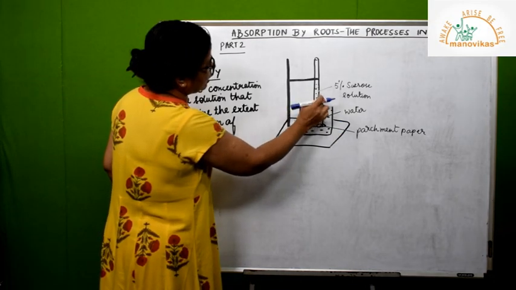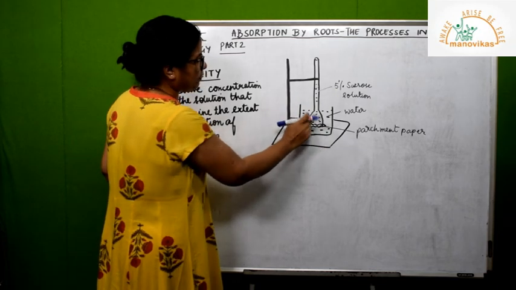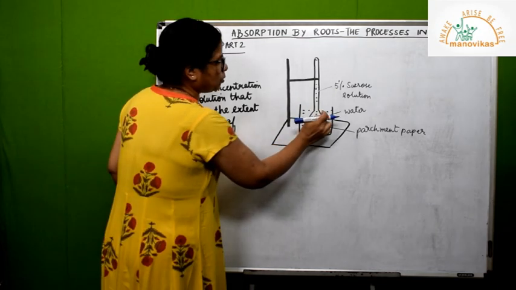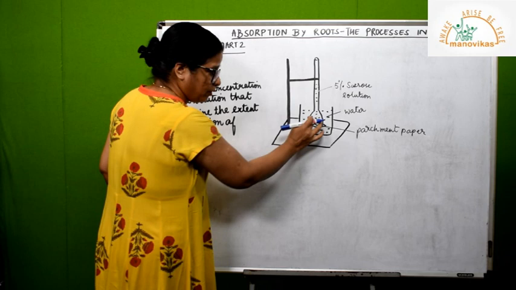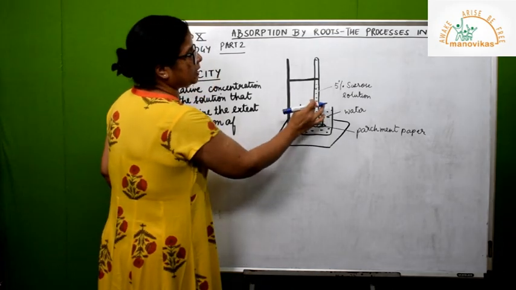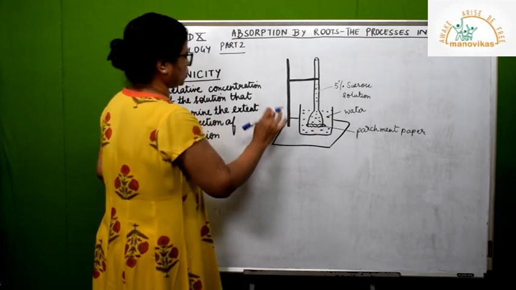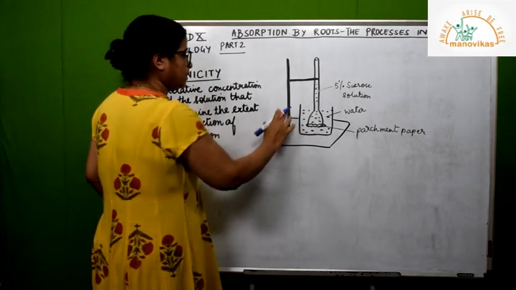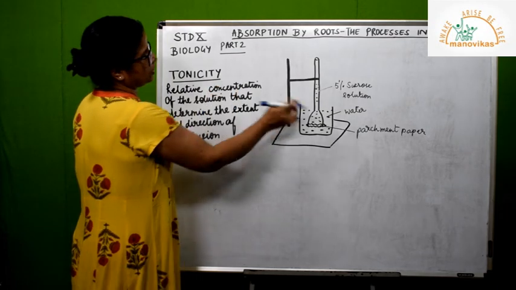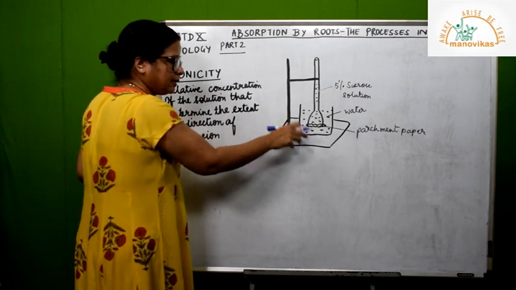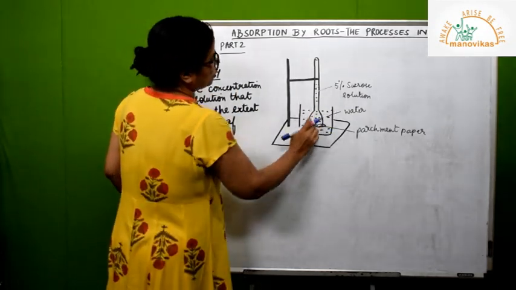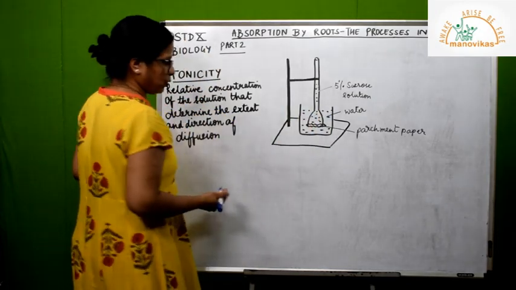Then we put water inside and sucrose outside. So every time, water molecules, because it's a solvent, moved from their region of high concentration to their region of low concentration. So the relative concentration determines in which direction the water molecules or the solvent molecules will move.